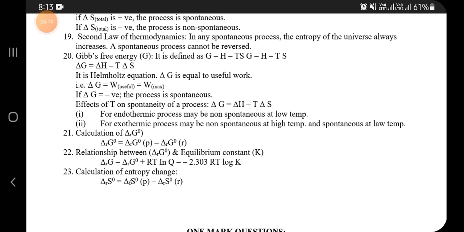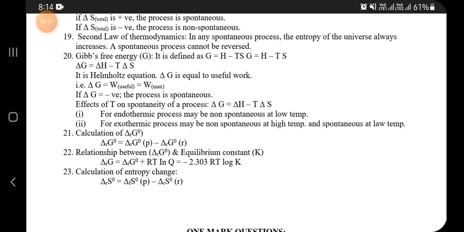Delta G is equal to W useful, the maximum useful work done. If delta G is negative, the process is spontaneous. Regarding the effect of temperature on spontaneity, an endothermic process may be non-spontaneous at low temperature, and an exothermic process may be non-spontaneous at high temperature and spontaneous at low temperature.